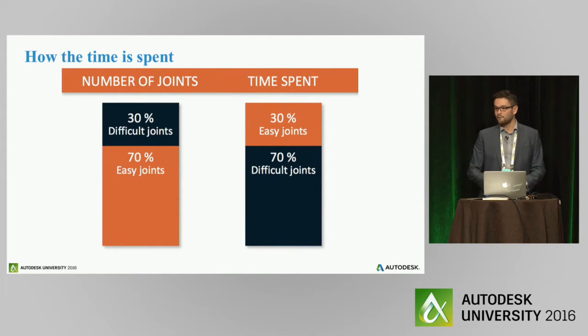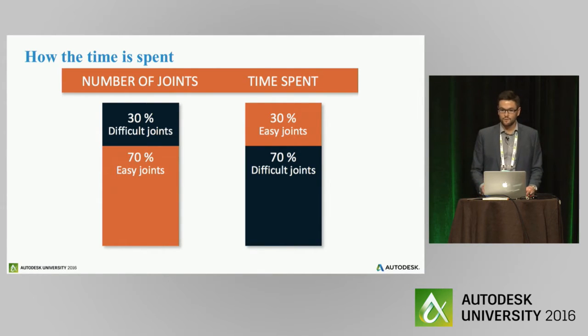I think you all remember when you were studying for your college degree, you had to pass, I think, 40, 50 exams during the whole time, and not all of them were the same in terms of toughness. And you probably spent most of the time on the 10 to 15 most complex exams. And steel joint design is very similar.